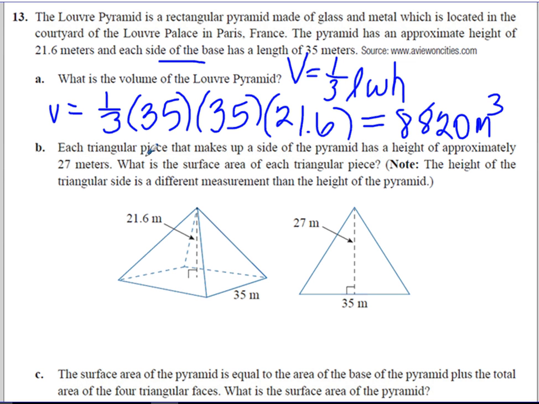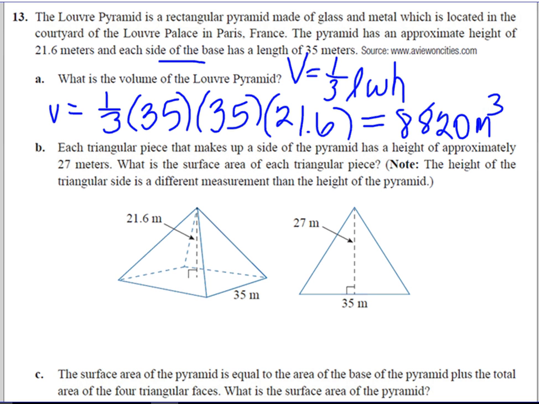Each triangular piece that makes up the side of the pyramid has a height of approximately 27 meters. What is the surface area of each triangular piece? Notice the height of the triangular side is a different measurement than the height of the pyramid, because when it's slanted in, it needs to be longer to be on the outside versus on the inside here.